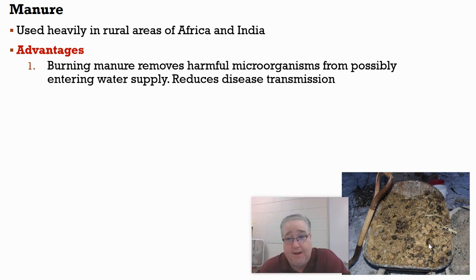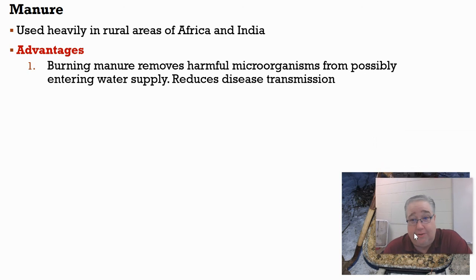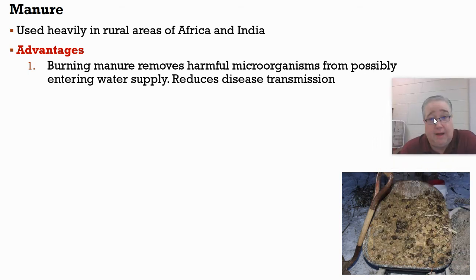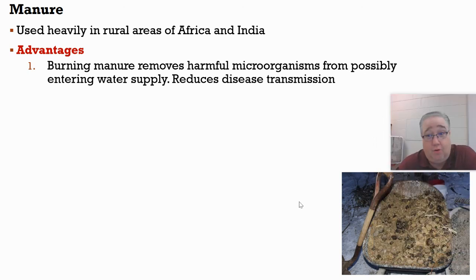This picture on the bottom right here is basically a wheelbarrow full of poop that they're going to burn in order to heat their homes or cook their food or whatever. Now, one thing about burning manure is that it does actually have a couple of advantages.